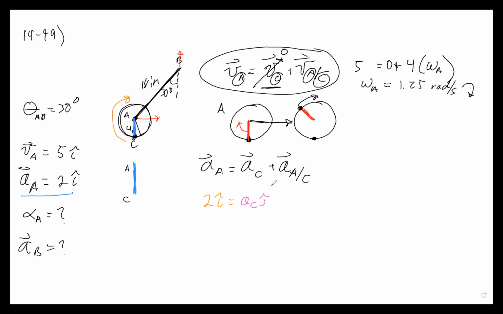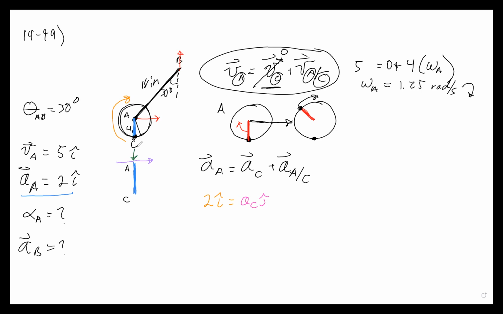Now here comes the new tricky part: using this relative acceleration diagram to fill out the last term of the relative acceleration equation. Let's pick a color. Let's go with this purple color here and fill in this diagram. Relative accelerations are going to have two vectors: a tangential vector and a normal vector.